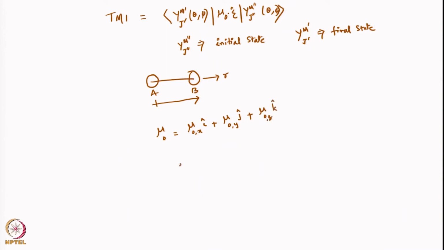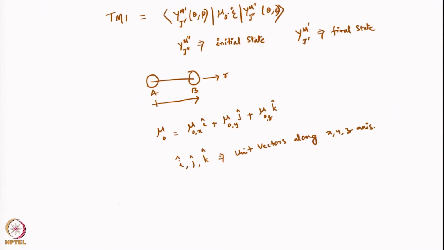So, this i, j, k are unit vectors along x, y, z axis.